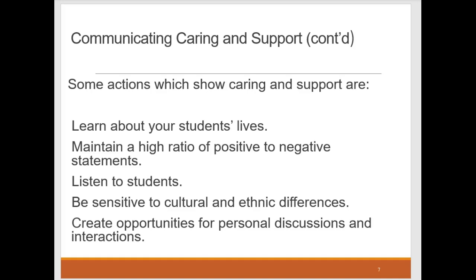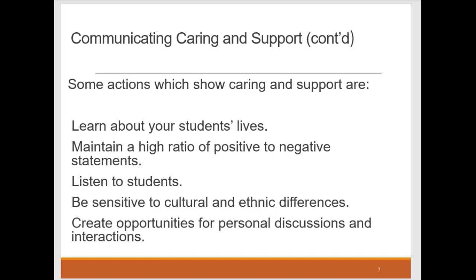We really always want to approach things from the best light, and only move to correction or to managing misbehavior when we have to. It is imperative that we learn to listen to students and to be very sensitive to cultural and ethnic differences, linguistic differences, differences in ability, differences in perceptions of ability.